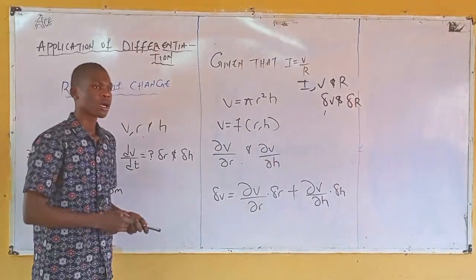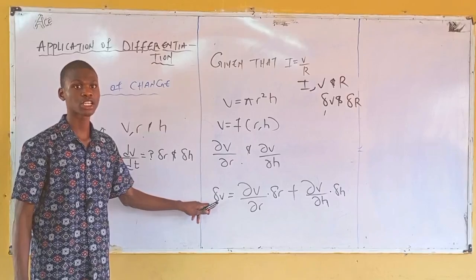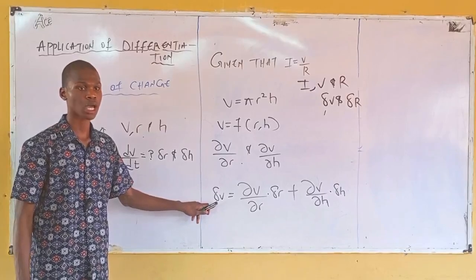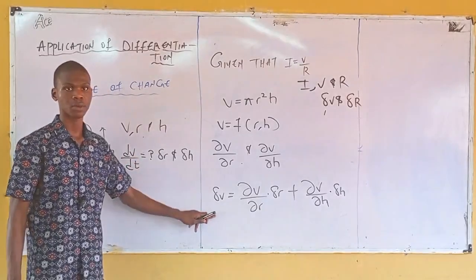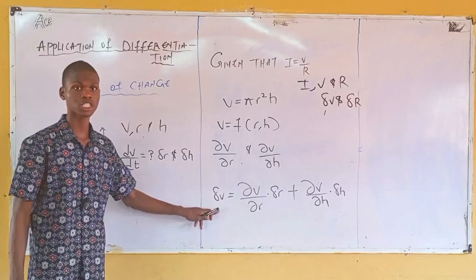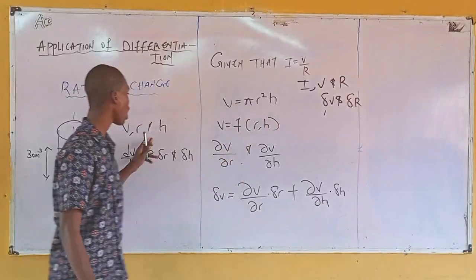From here, this one too will change. This is changing with respect to time. Normally, I would have written the V over the T, but this is the correct representation. This means it is changing with respect to time. Likewise, this R and H.